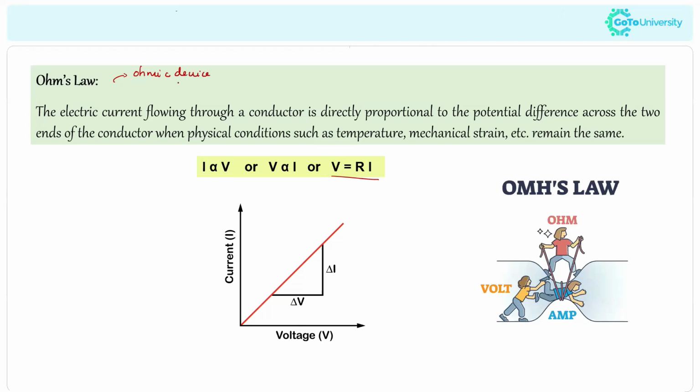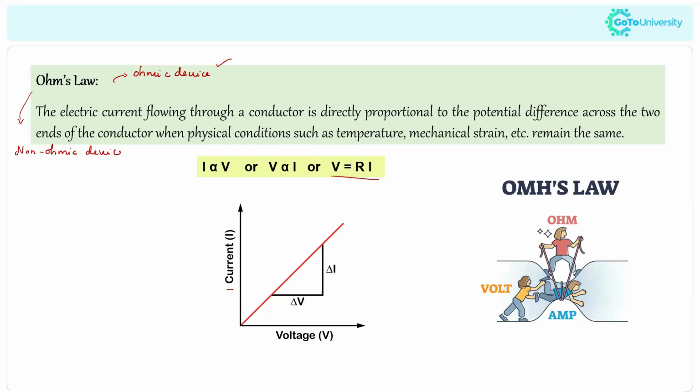Whenever the graph between the current and the voltage is linear, we can say the given device is an ohmic device, or else we can say it obeys Ohm's law. The devices or instruments which do not obey Ohm's law are called non-ohmic devices.